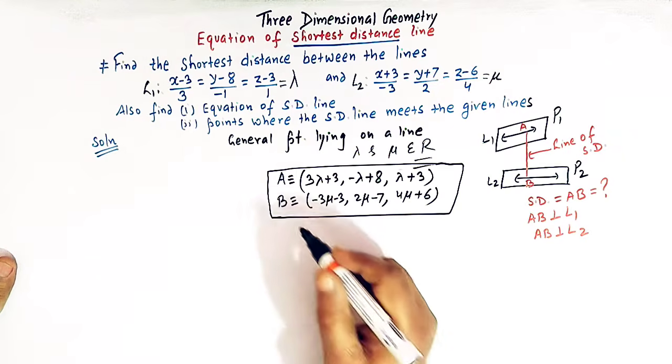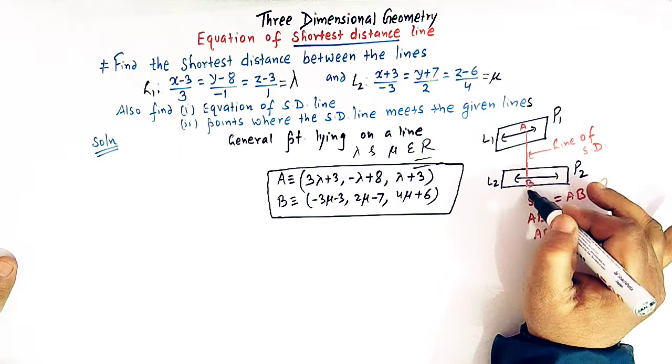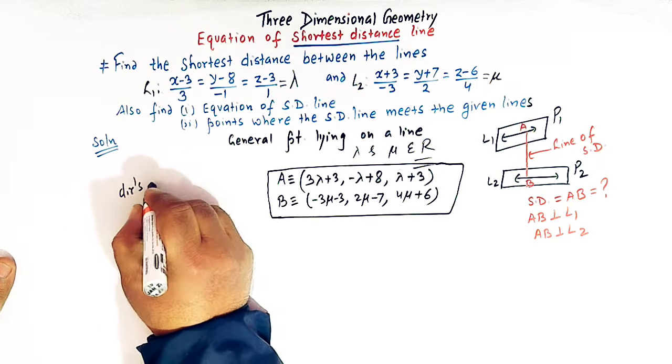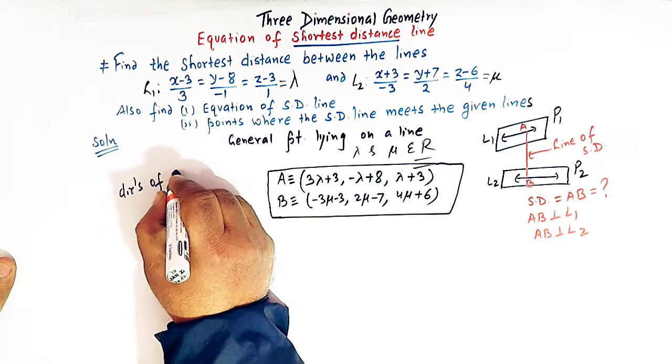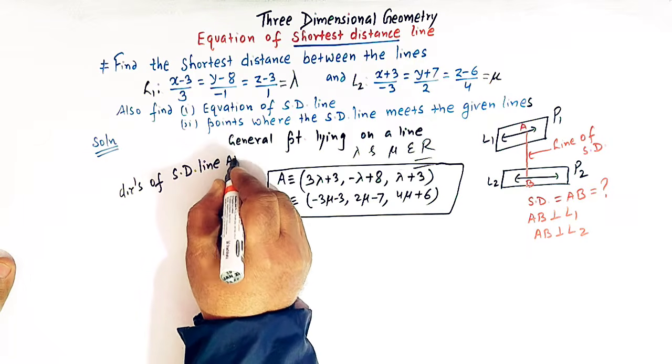So now the next step is to get the direction ratios of this line AB, right? So we have to find the direction ratios of the line of shortest distance, that is AB.